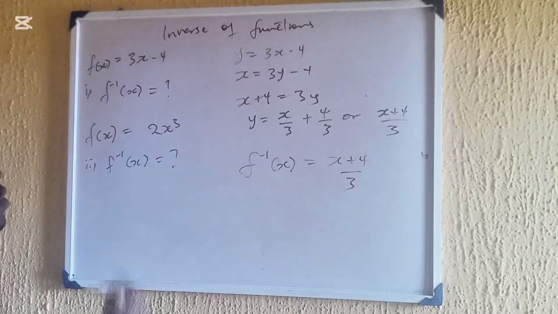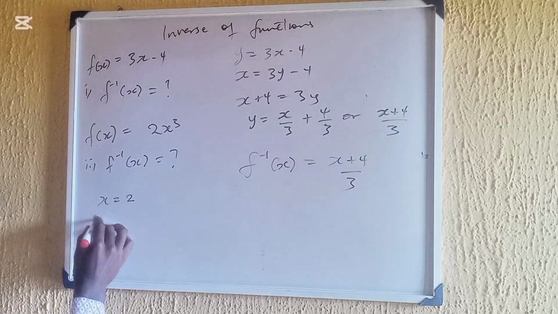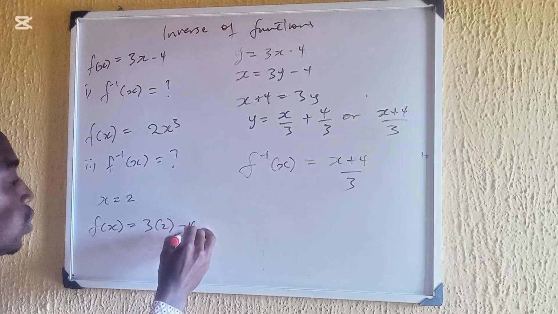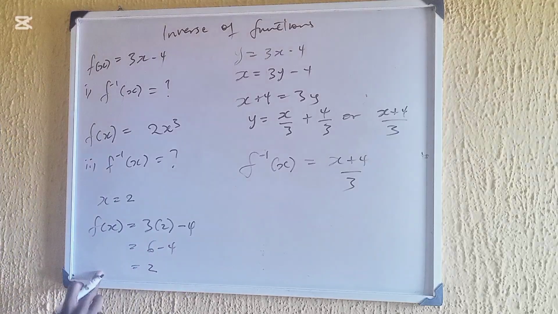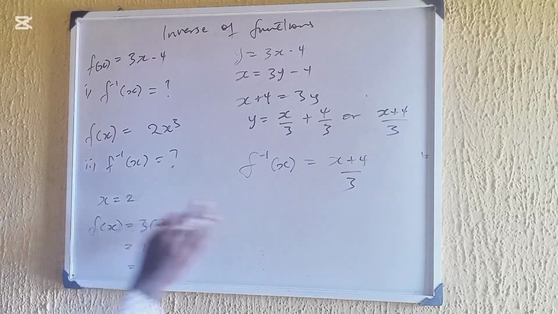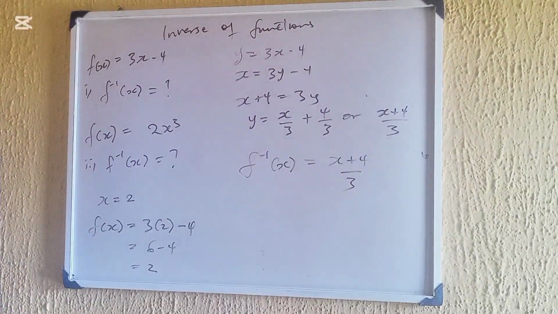Now let's try it. Let's say x is equal to 2. What do we have? f of x is equal to 3 into 2 minus 4. That gives us 6 minus 4. That gives us 2. So you can see that f of x gives us 2 when x is equal to 2. The same thing will happen here, that when we put 2 here, we should also get 2.